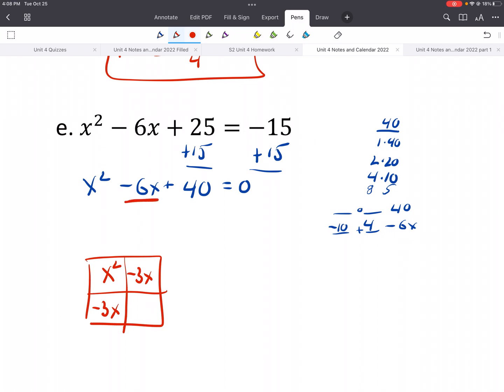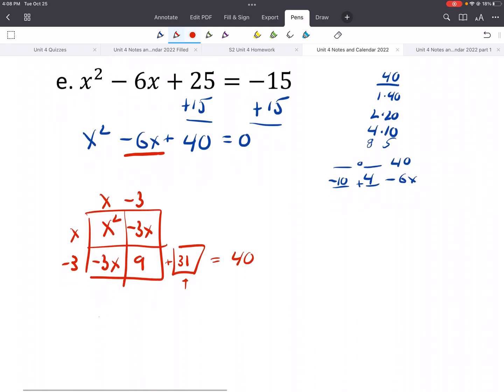Okay, we cut that in half, and this would have to be 9. And it's not actually 9, it should be 40. So what does this box need to be? Well, it would have to be 31, because 9 plus 31 would give us 40. So we've got x minus 3 squared plus 31 is equal to 0.